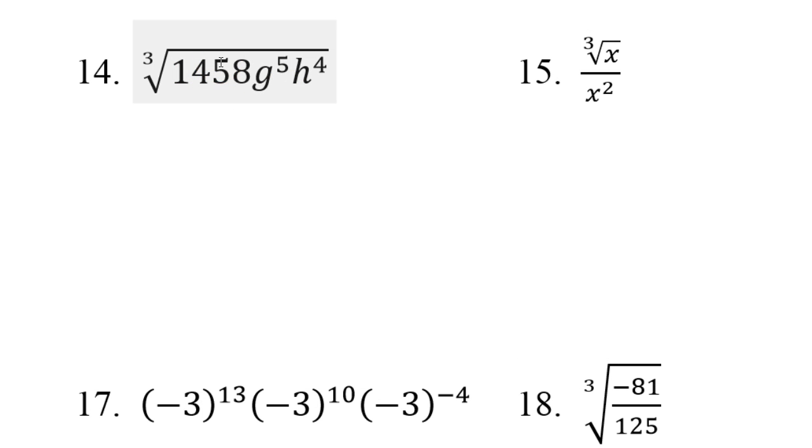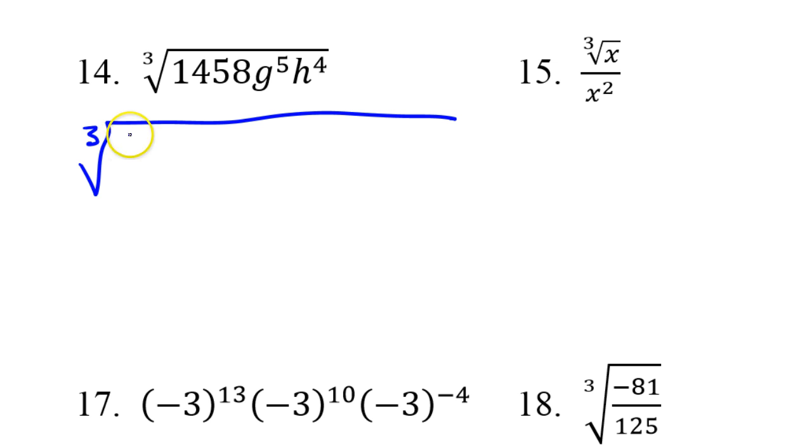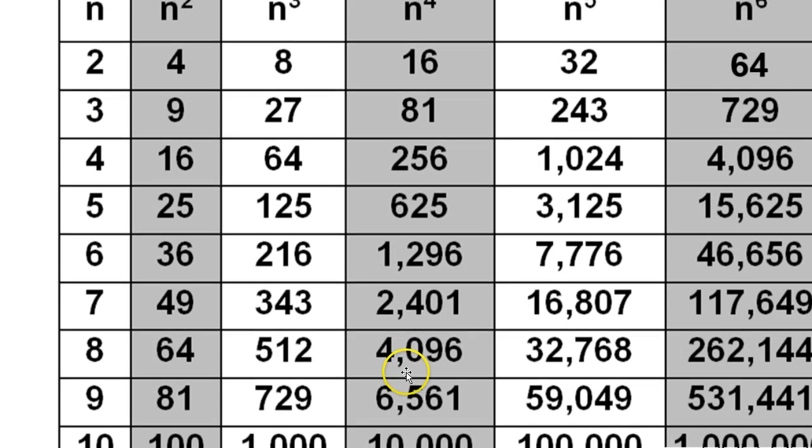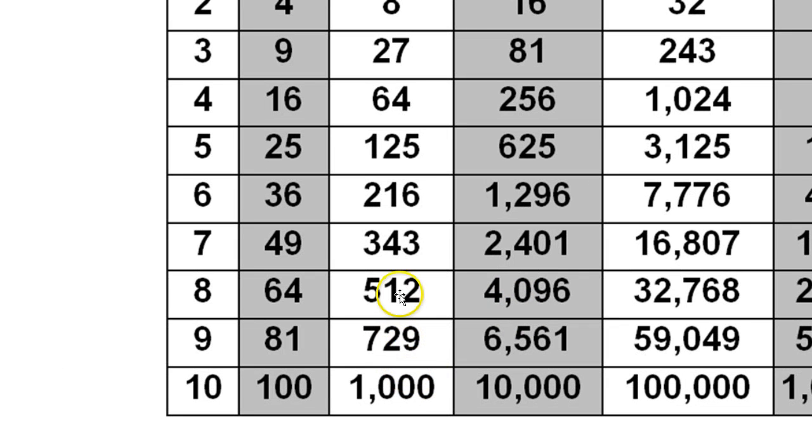Okay, so what we need to do is we're going to have to break this one down into more manageable pieces. So looking at that 1,458, I need to find which one of these numbers will divide evenly into it. Okay, I'm going to start with 512 and work my way down from there.